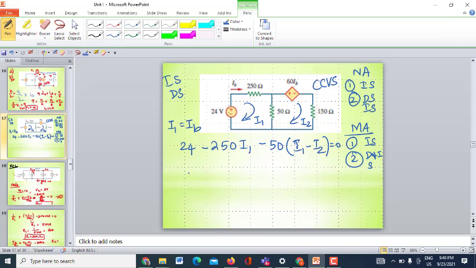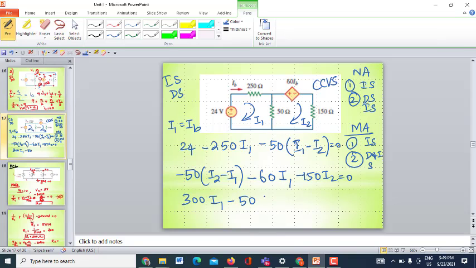And what about the second equation? Minus 50 into I2 minus I1, minus 60 IB, which is nothing but I1, because I1 and IB are the same, minus 150 I2 is equal to 0. Rearranging the first equation, you have 300 I1 minus 50 I2 is equal to 24.